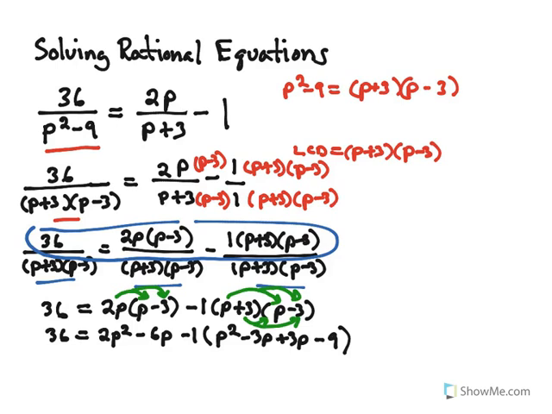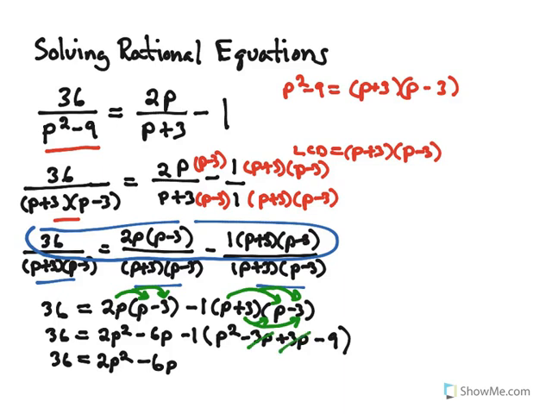That's why I kept it there, so you can see step by step exactly what I'm doing, in case some of you are struggling with FOILing polynomials. You want to make sure that you understand all the steps. So basically you have 36 equals 2p squared minus 6p, and then notice the minus 3p and the plus 3p are going to cancel out.